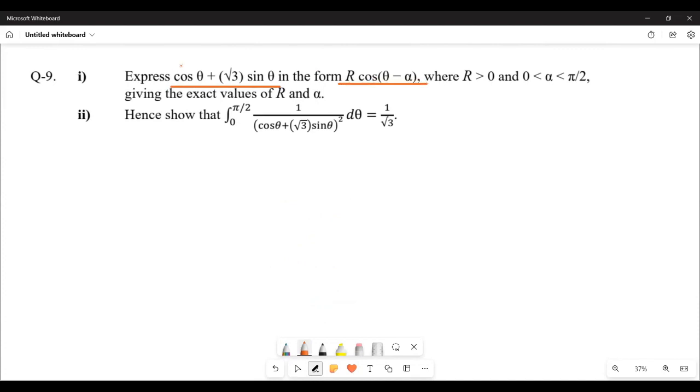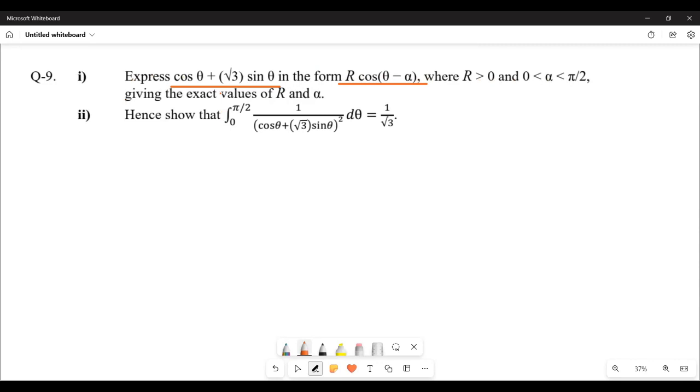Okay. The expression cos theta plus square root of 3 sine theta, express this in the form of r cos(theta minus alpha), where r is greater than 0 and alpha is between 0 and pi by 4, giving the exact values of r.